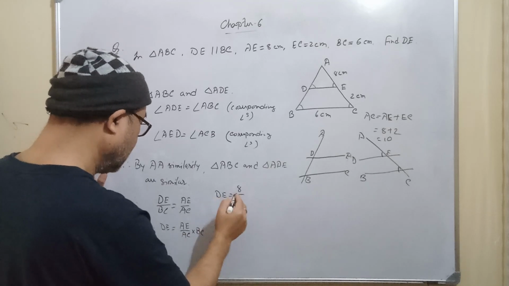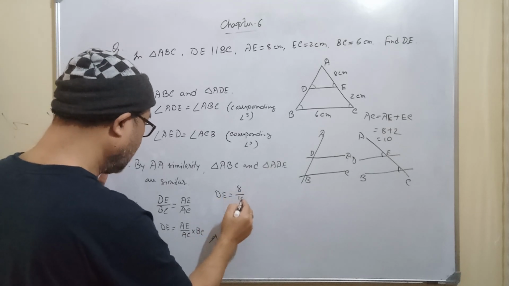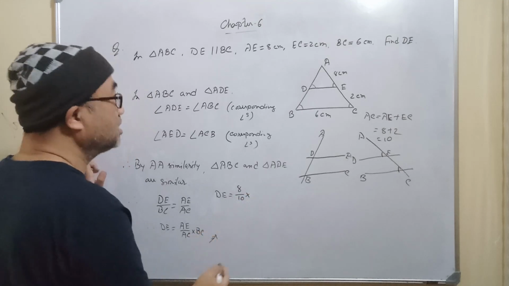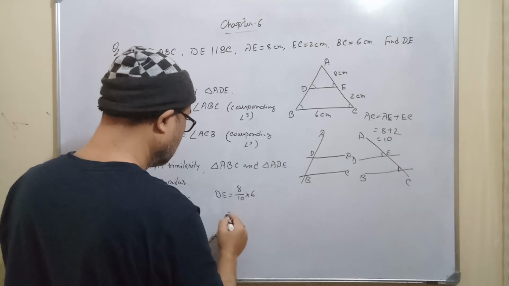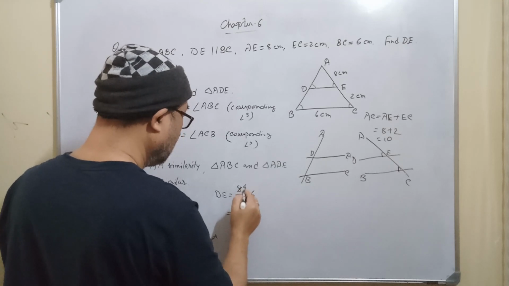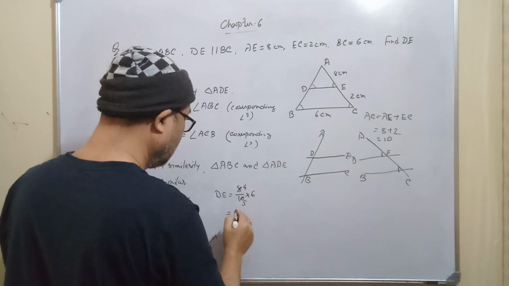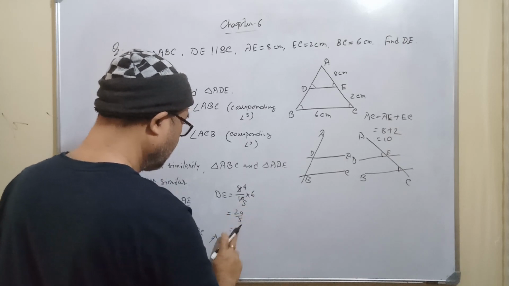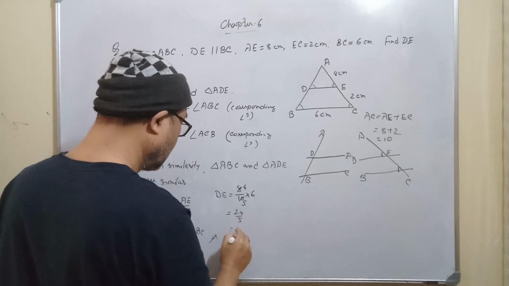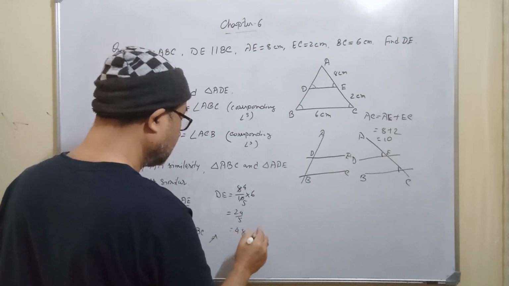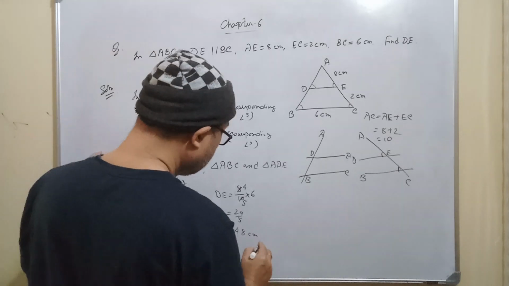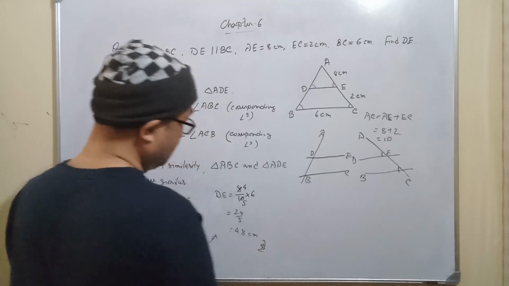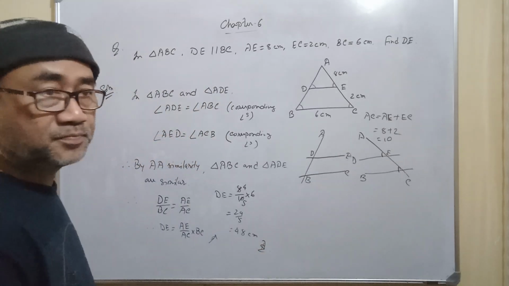So DE is equal to 8 by 10 into BC. What is the value of BC? It is 6. So we have 24 by 5, 4.8 cm, right? And that is your answer.